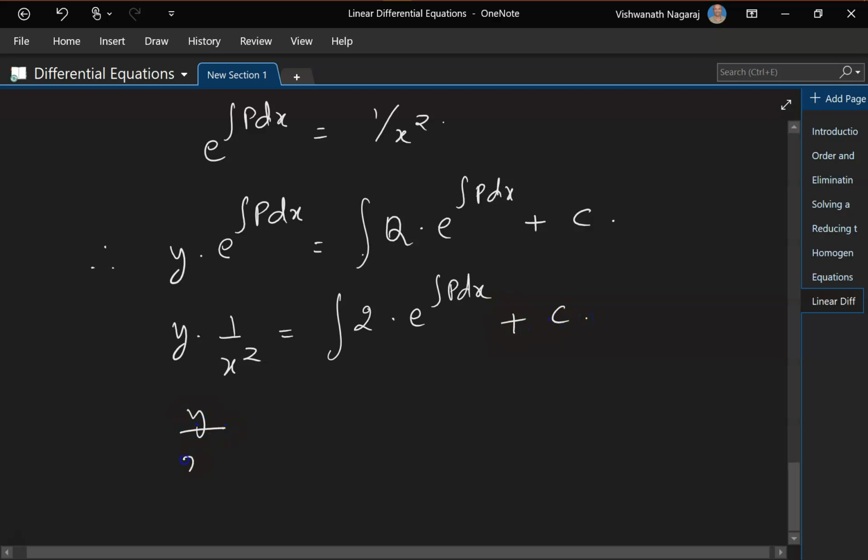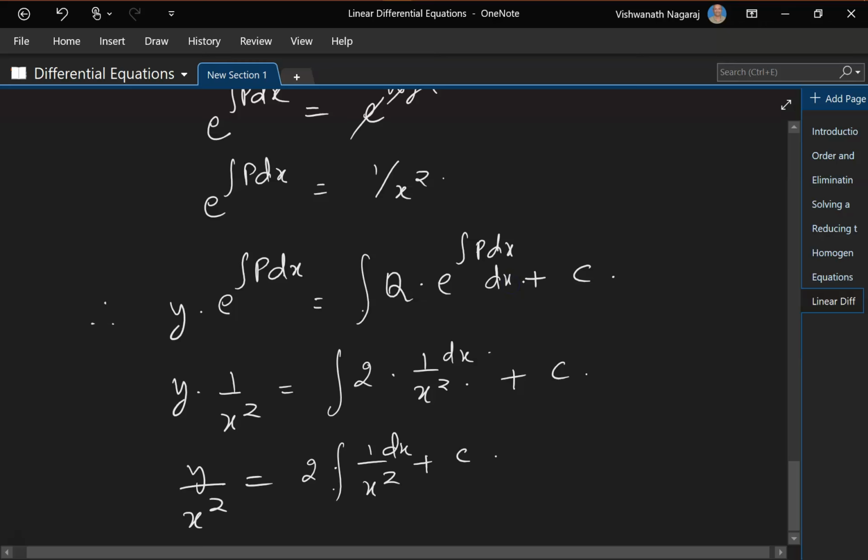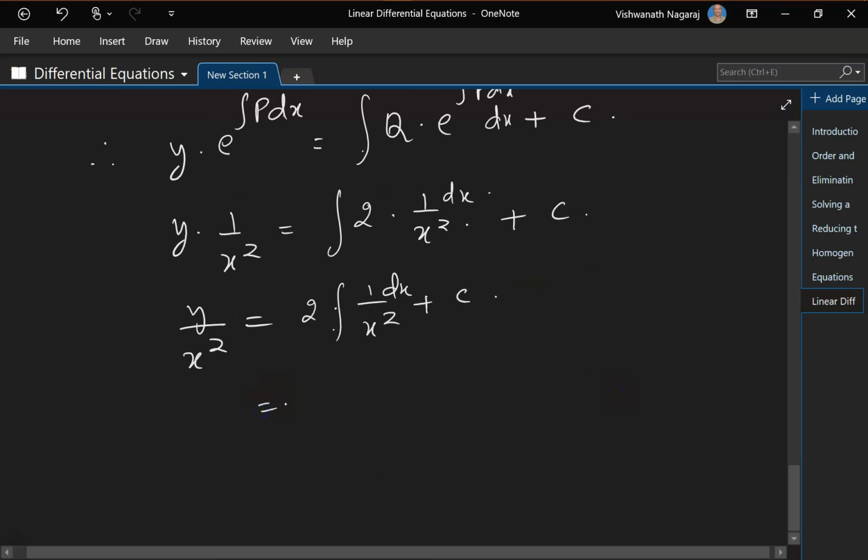Okay, y by x square is equal to 2 times, actually this also we can substitute, 1 by x square. So this becomes 1 by x square plus c dx. Don't forget the dx. Okay, so this becomes 2 times the integral of x to the power of minus 2 dx plus c.